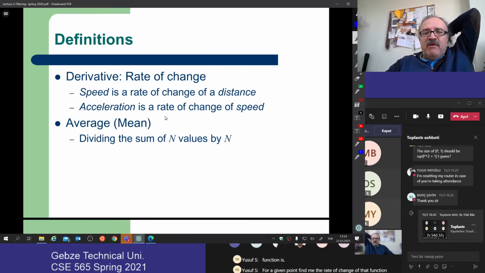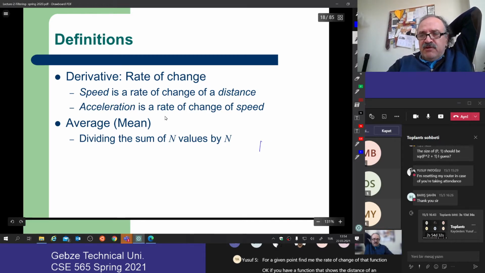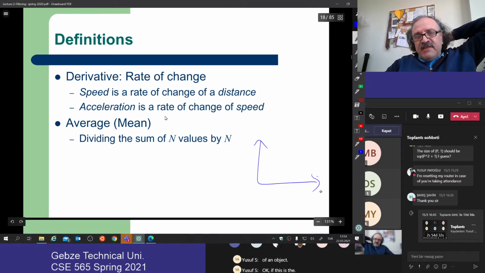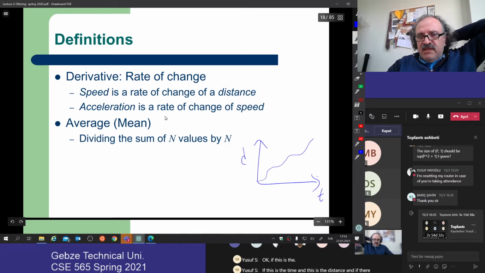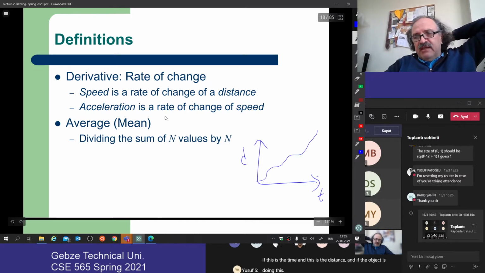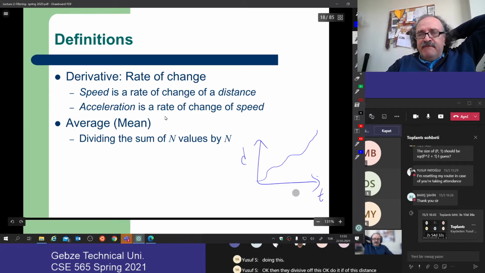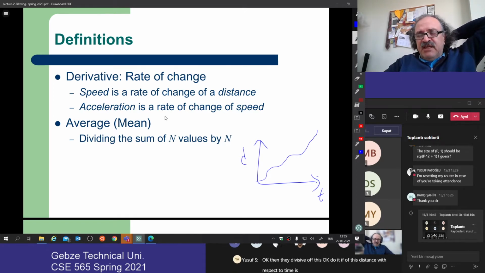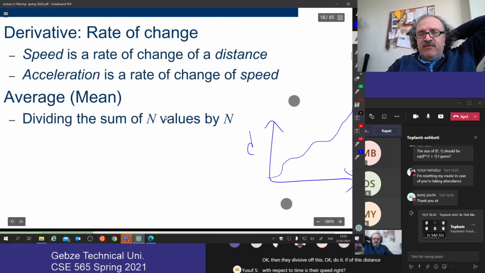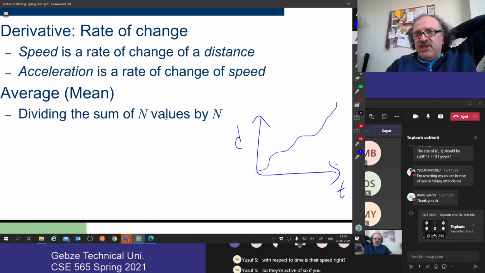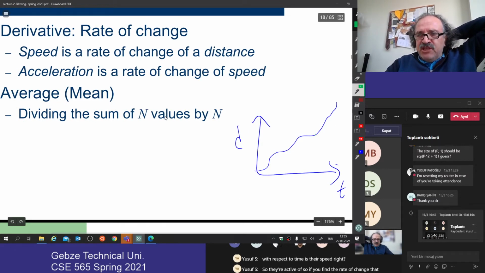Okay, if you have a function that shows the distance of an object, and this is the time and this is the distance, and if the object is doing this, then the derivative of this distance with respect to time is the speed, right? If you find the rate of change, that means what is the rate of change at this point?